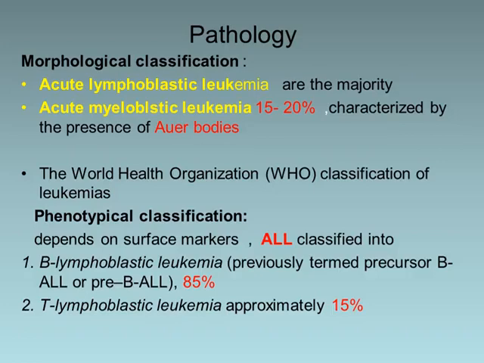Morphologically, it can be classified into acute lymphocytic leukemia, 80%, and myeloblastic leukemia, 15 to 20%, which is characterized by the presence of Auer rods.